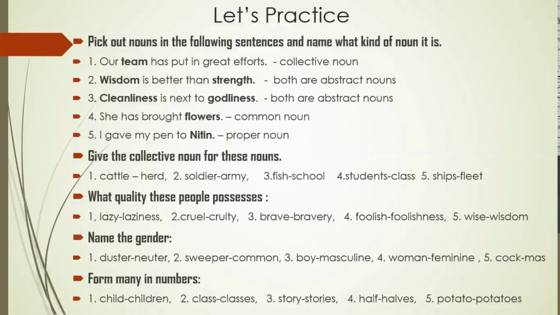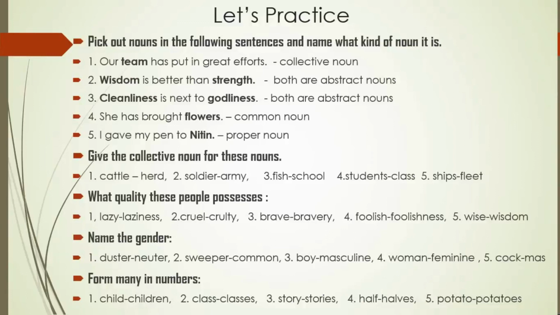Now coming to the next. Give the collective noun for these nouns. Cattle, herd; soldier, army; fish, school; students, class; ships, fleet. This is one word for these collections of nouns. What quality do these people possess? Lazy.